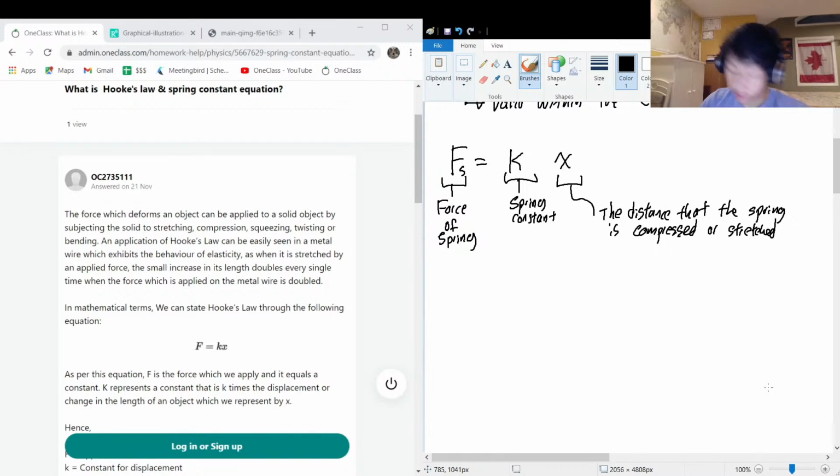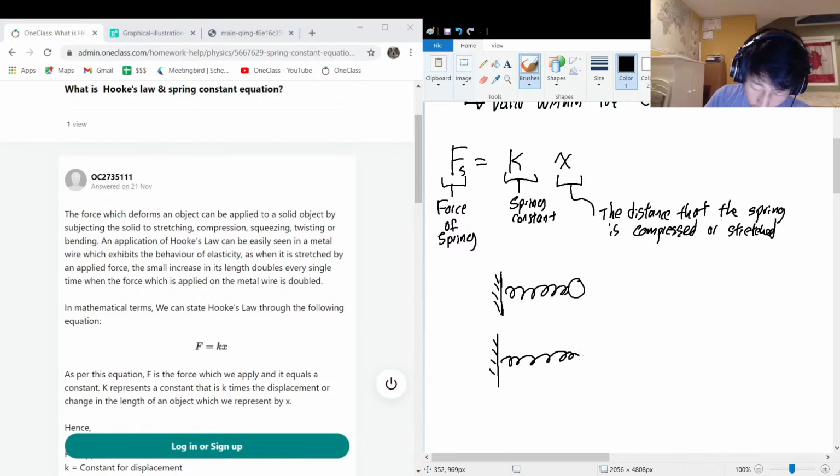Okay, so let's actually draw out an example. Suppose we have a wall here and a spring, and it's a pinball machine and we're trying to pull out the plunger. I think that might be what it's called. And you let the ball fly back. So this is the start, and then we stretch out the spring like this. The amount that it's stretched out, x, is just going to be x.